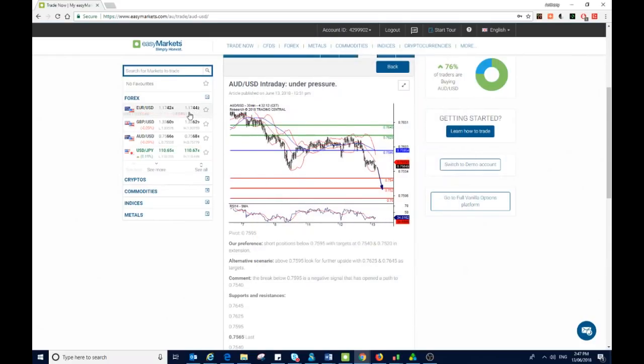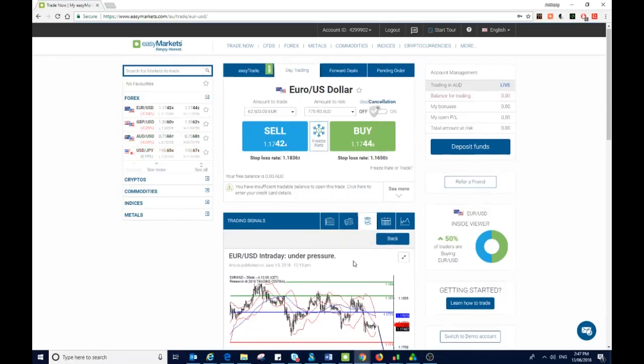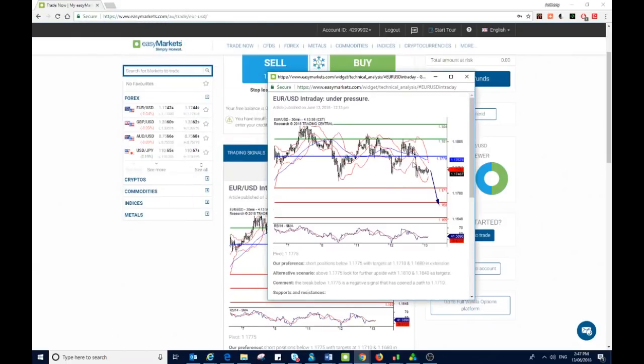Let's have a look at another pair, the Euro USD. No surprise, it is also under pressure because the US dollar is the common component of both those pairs. So if your Aussie is going down, generally the Euro is going down on the same day, and that's played out a lot in technical analysis as well.